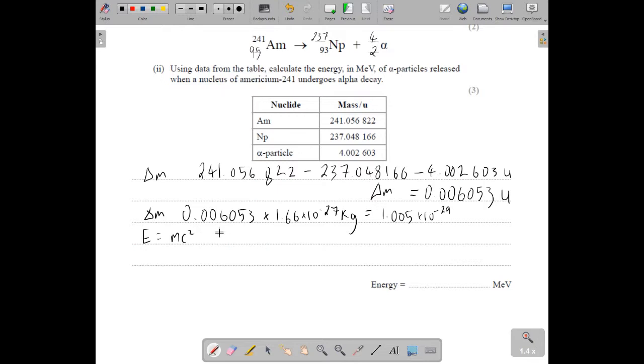So 1.005 times 10 to the minus 29 kilograms multiplied by 3 times 10 to the 8 squared, and that gives me 9.04 times 10 to the minus 13 joules.